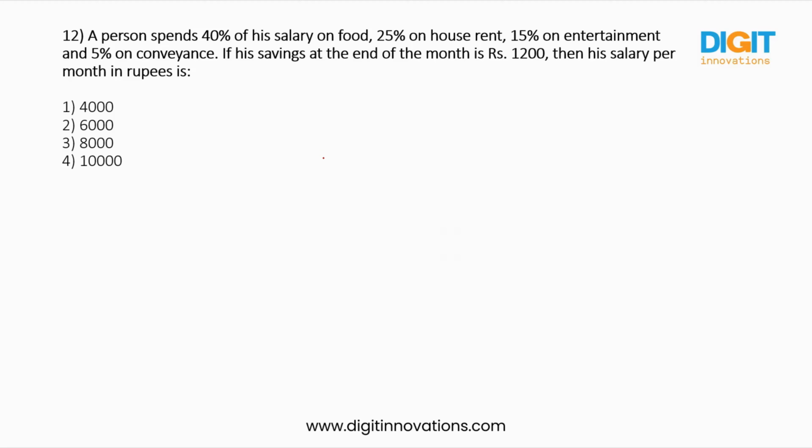So of the salary he spends 40% on food and 25% on house rent and 15% on entertainment and 5% on convenience, out of a total of 100%. And the remaining percentage is savings.